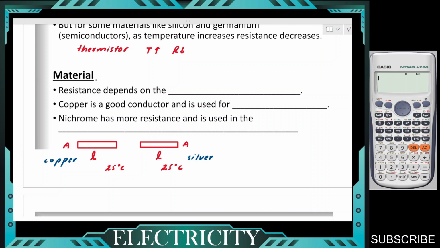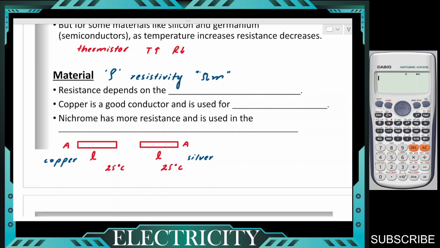So that property, the material, is measured by the stuff that we call resistivity, for which the unit is ohm meters. Ohm meter. So resistivity would be a material property, just like Young modulus, just like density, just like specific heat capacity, just like specific latent heat of fusion, specific latent heat of vaporization.